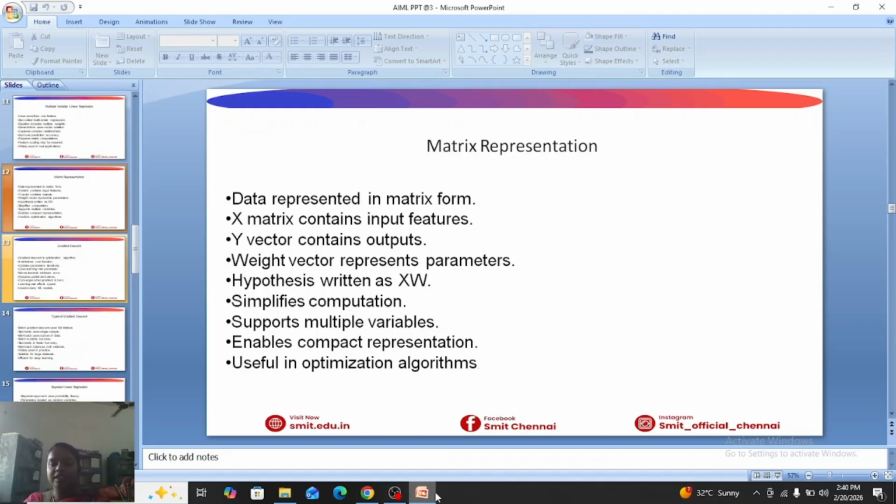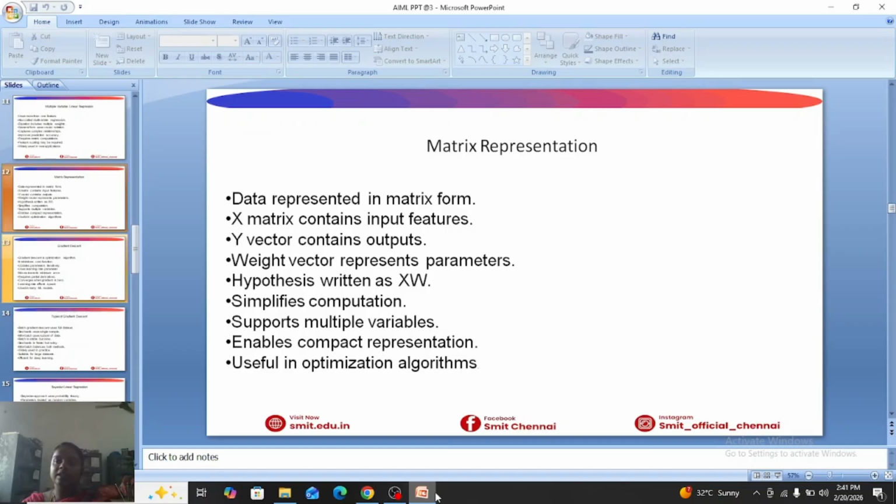The X matrix contains input features, the Y vector contains output, and the weight vector represents parameters. The hypothesis is written as XW, which simplifies computation, supports multiple variables, enables compact representation, and is useful in optimization algorithms.